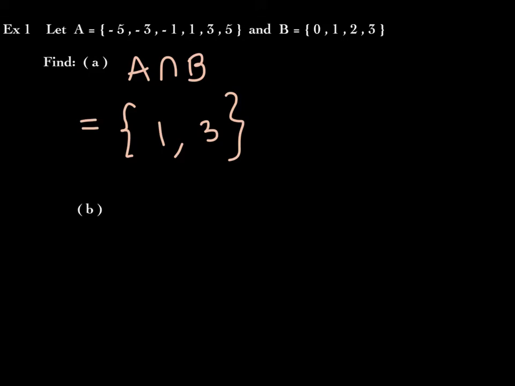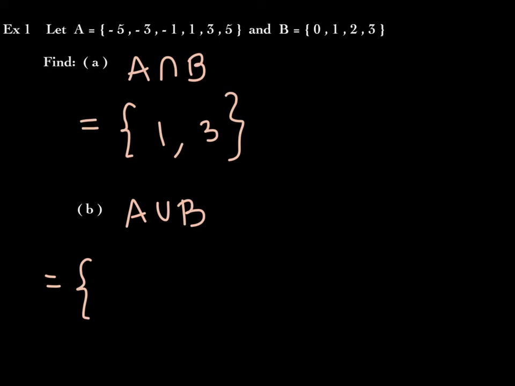The next thing I would like for you to consider is A union B. Find that set. Remember that any element that is in set A will make it into the union. Any element that's in set B will make it into the union. Any element that's in both set A and set B also makes it into the union.